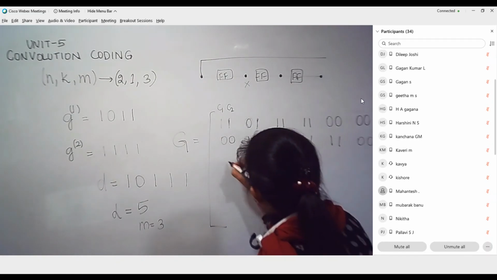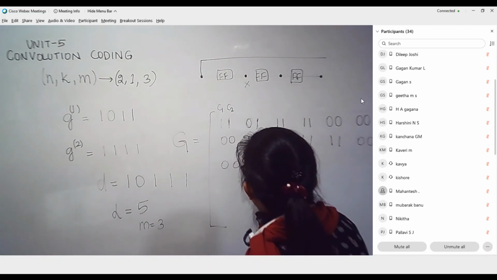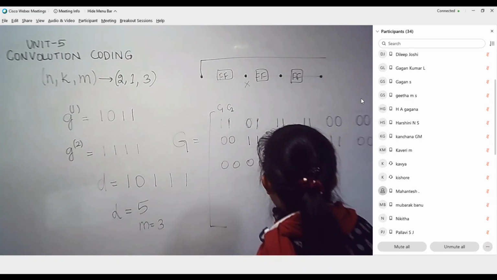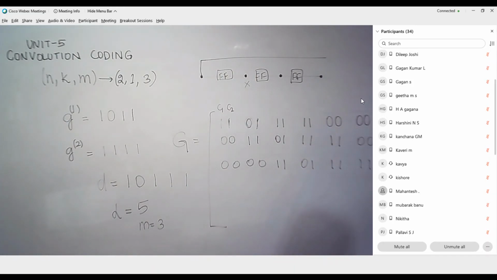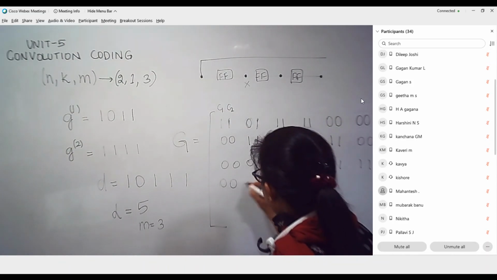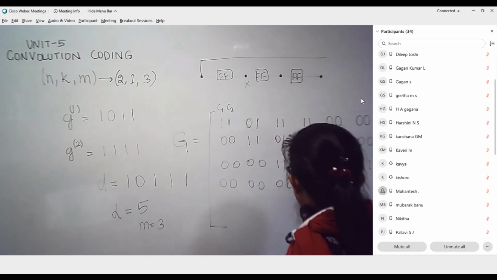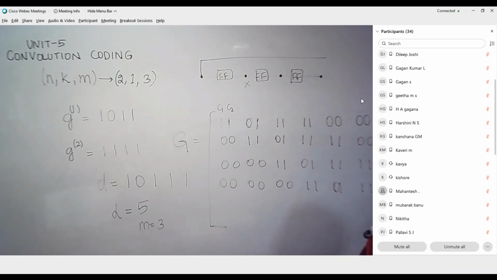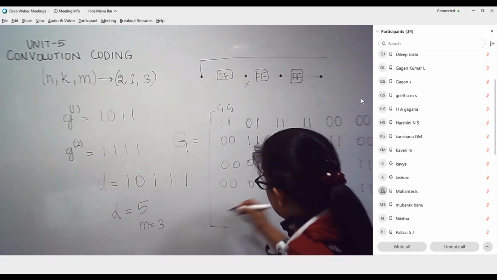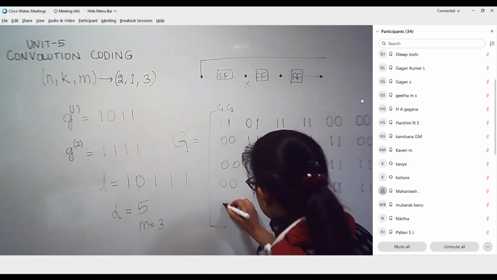Next, you have to write this generator matrix until all these 4 combinations of the generator polynomial get shifted to the extreme right. If you write in this form, finding the code vectors for different dimensions becomes very simple.